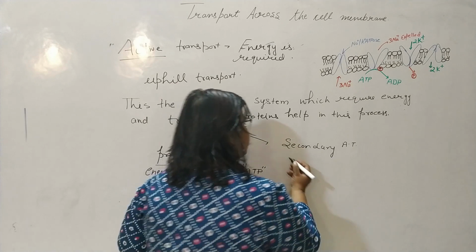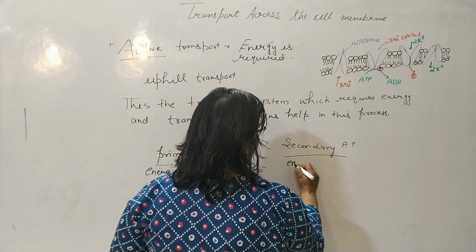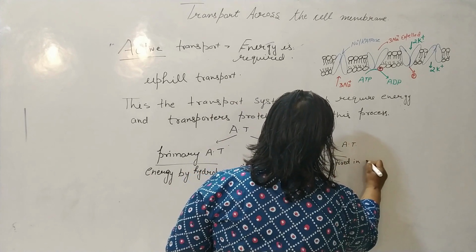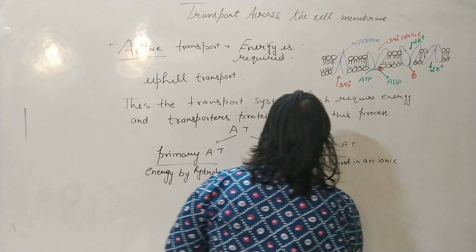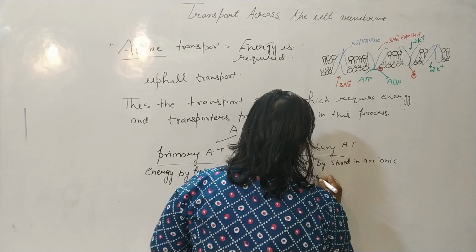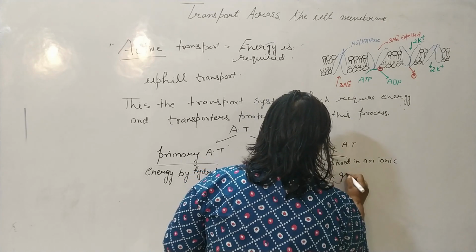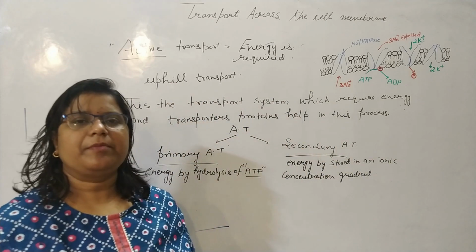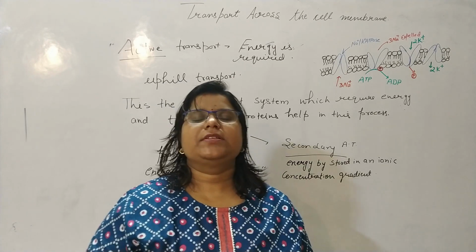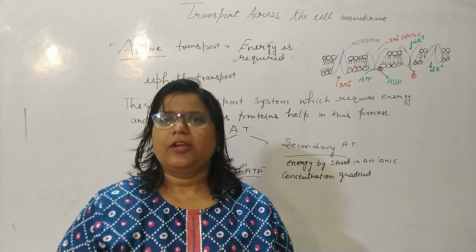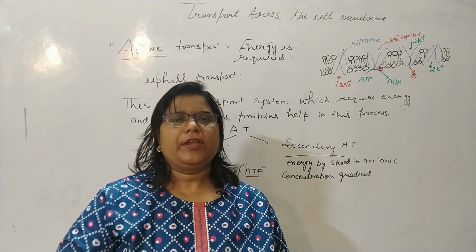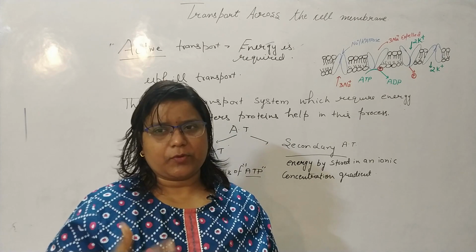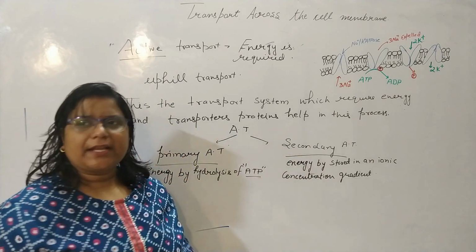Okay, so here we will write the energy is stored in the form of an ionic concentration gradient. And as the ionic concentration gradient will be generated, particular symporters and antiporters help to move the particles. Okay, so in the secondary active transport, we will discuss about the symporters and the antiporters.